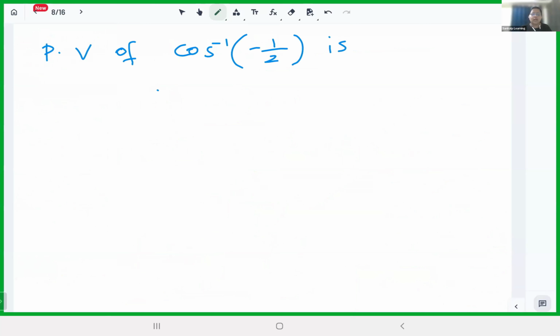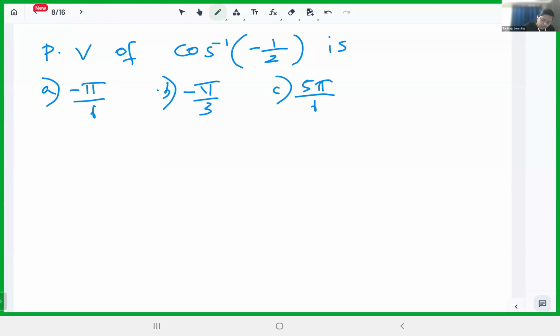Principal value is nothing but the value that lies within the principal value branch of each function. So we have to find out the principal value of cos inverse of minus 1 by 2. All right. So how will you find out the principal value? They have given you options as minus pi by 6, then minus pi by 3, then 5 pi by 6, then the last option is 2 pi by 3.